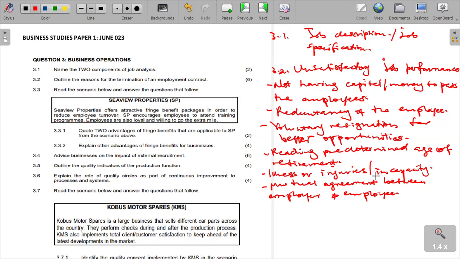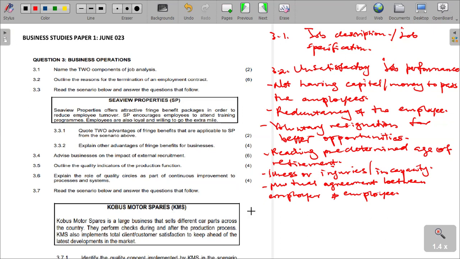What two advantages of the fringe benefits are applicable to Seaview Properties from the scenario above? Quote two advantages of fringe benefits that are available to SP from the scenario above, which is to say any other benefits other than the salaries. That's what we call fringe benefits.